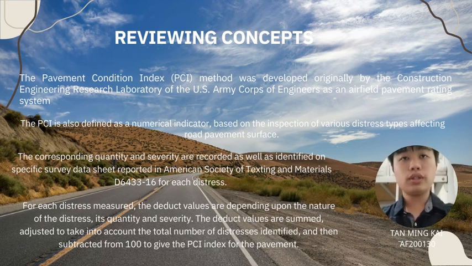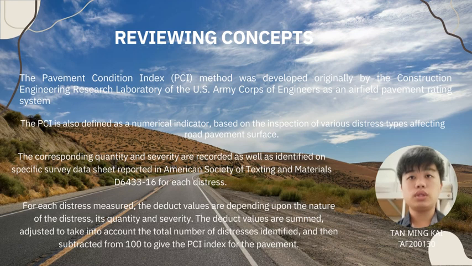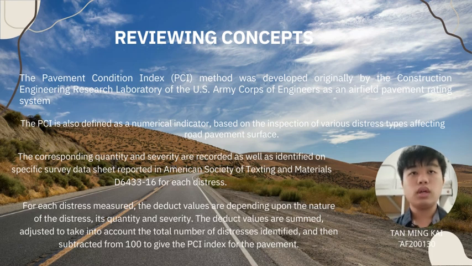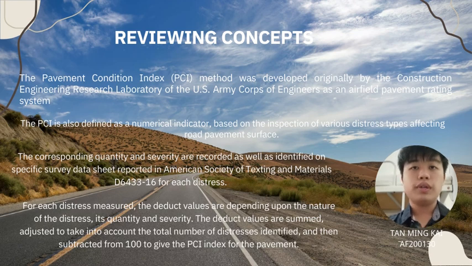The deduct value depends upon the nature of the distress, its quantity and severity. The deduct values are summed, adjusted to take into account the total number of distresses identified, and then subtracted from 100 to give the PCI for the pavement.